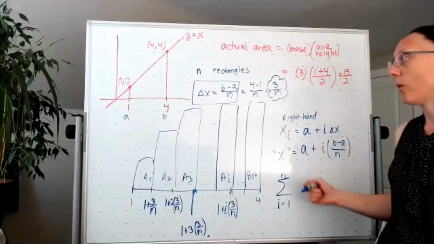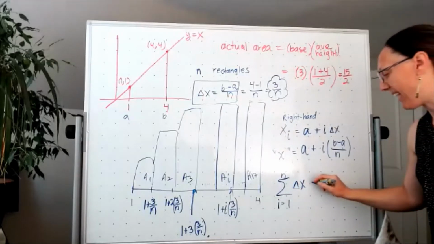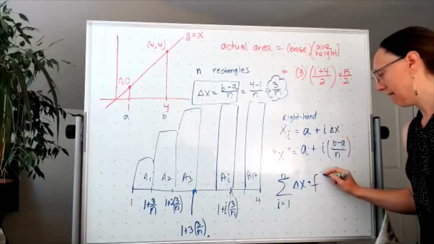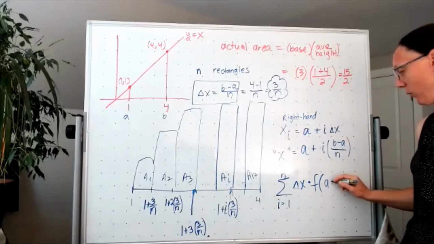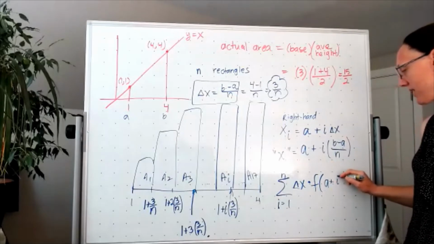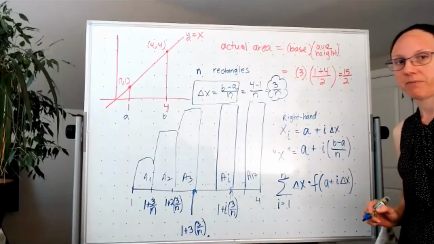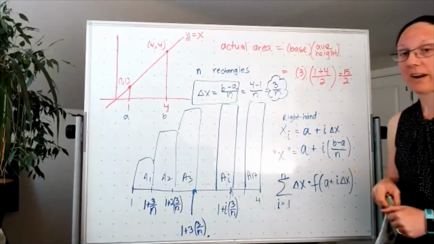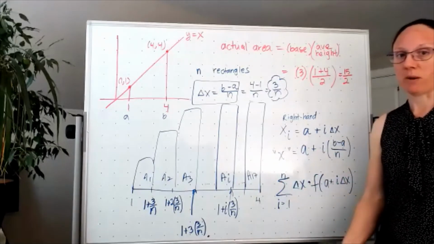The base or the width of that rectangle is my delta x. And the height I would get by plugging this into the formula for the equation. So a plus i delta x. And that is going to give me the sum of all the rectangles for whatever n value we specify.